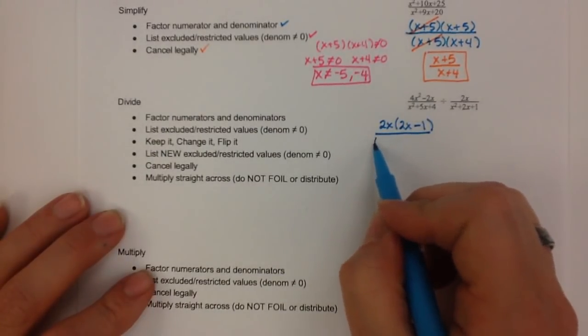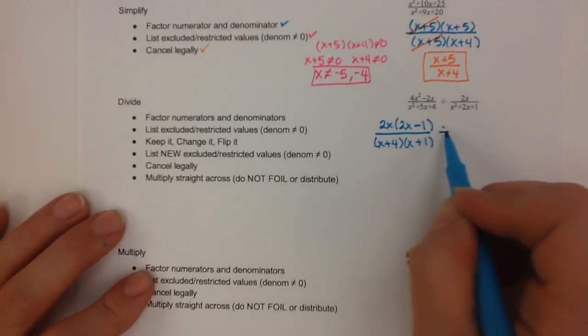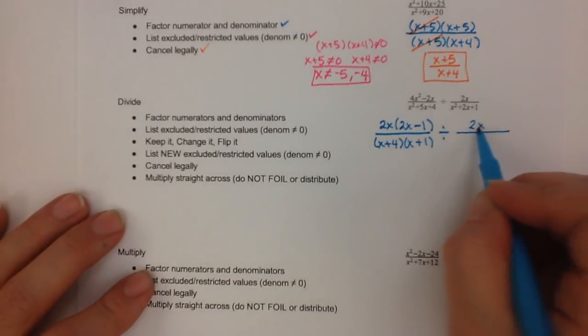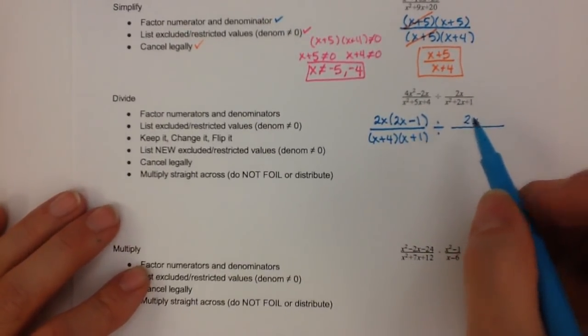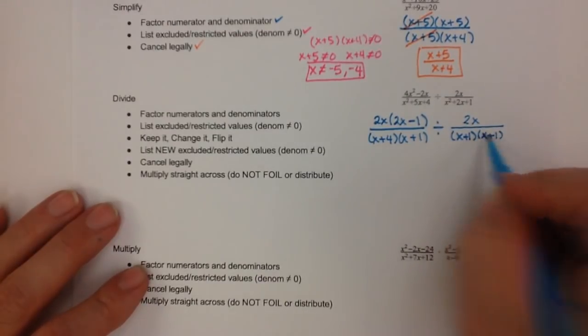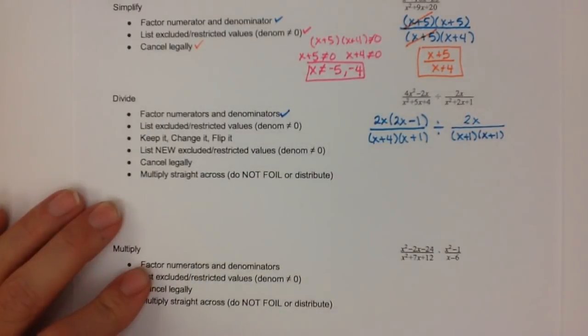And then AC method, so x plus 4, x plus 1, divided by 2x isn't going to factor because there's nothing squared, no GCFs there. So we leave it 2x. And in the denominator, x plus 1 times x plus 1.